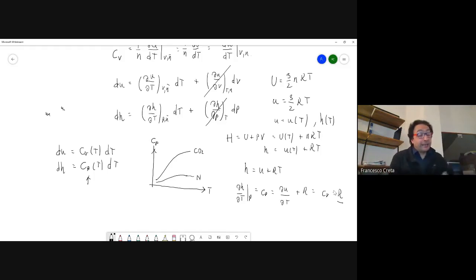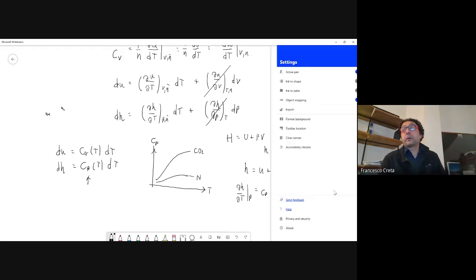So it needs more heat to increase its unit temperature. But these are all things that we know.